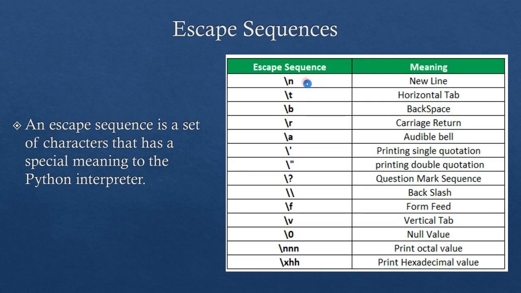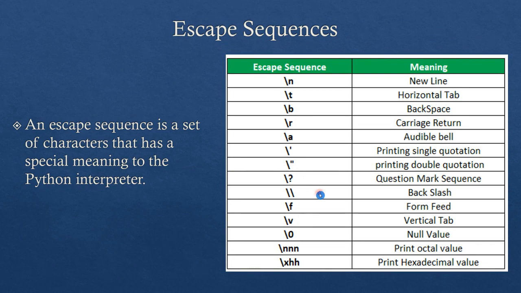So let me show some escape sequences and their description. So \n will give a new line. \t will give a horizontal tab. \b is for backspace. \r for carriage return. \a audible bell. \' prints a single quotation. \" prints a double quotation. \? is to print a question mark in the output.